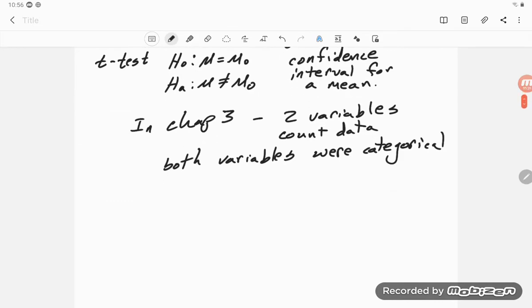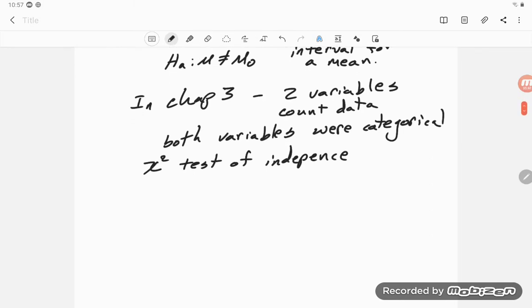Now, in Chapter 3, when we went to two variables, and both were categorical, we ended up with this chi-square test of independence. And specifically, it was looking at how the relative proportions were from column to column.